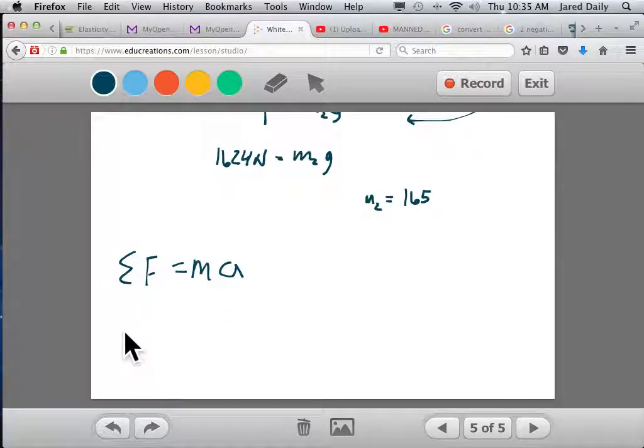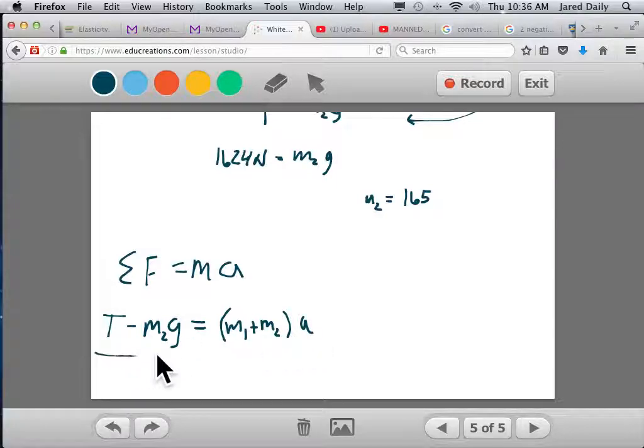The sum of the forces is equal to the tension that's up, which is the 1624 newtons, and a weight that is down, that's mass 2 times gravity down, and that has to equal the total mass of the system, mass 1 plus mass 2, times the acceleration of the system. This is our net force on the system. So we just add these two things together to get our net force.